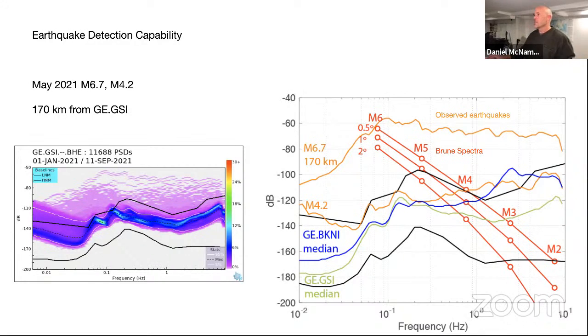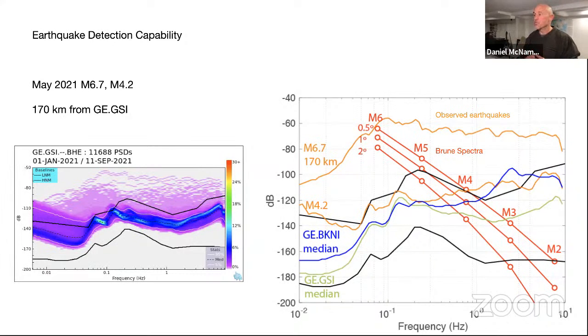But the other thing I wanted to show is these red lines with the circles. Those are Brune spectra amplitudes for magnitude 6, 5, 4, 3, and 2 at 3 different distances: 0.5 degrees, 1, and 2 degrees. That's the amplitude at the source corner frequency according to a Brune spectrum.